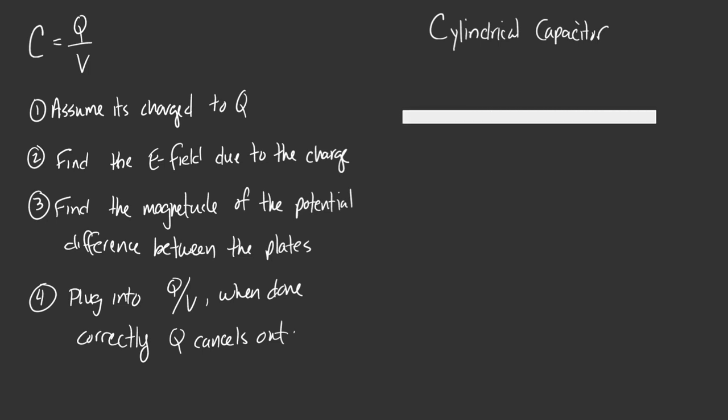It has some thickness, because you can't make something zero thickness. So we're just going to say that it has a radius equal to A. And we'll put L here for the length of that core, and we're also going to say that L is much greater than A.